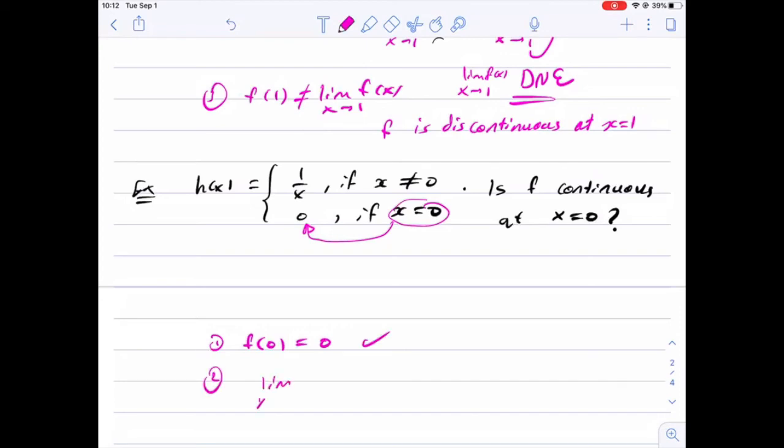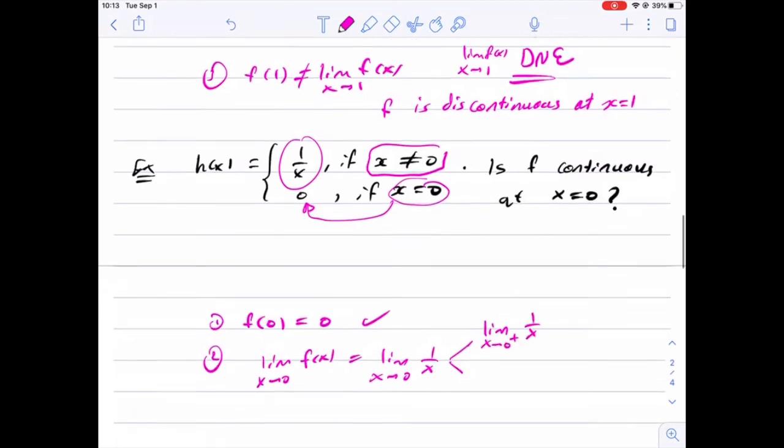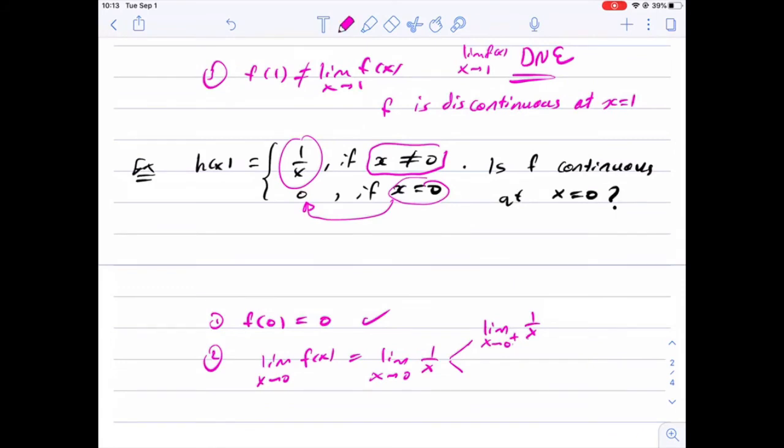Second, the limit as x goes to 0 of the function f of x. Here we don't have a limit from the right or from the left, because, as you can see, when x is not equal to 0, that means from the right and from the left it is 1 over x. Now we can study limits from the right and from the left. So for the limit as x goes to 0 from the right of 1 over x, if you plug in a value that's very close to 0 from the right, let's choose a value like 0.001.